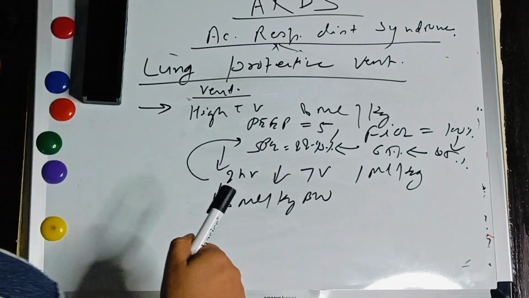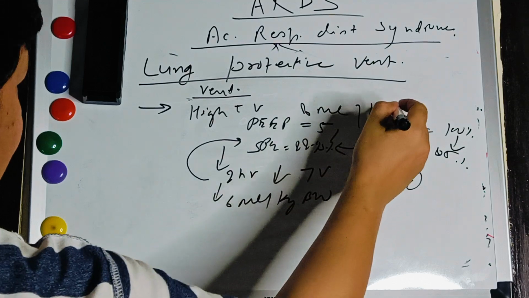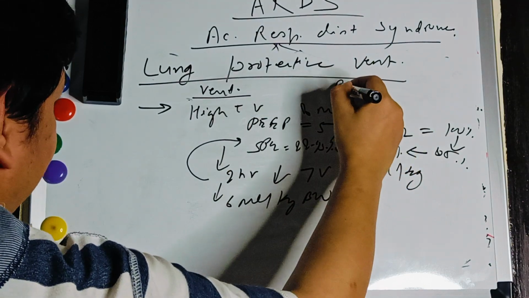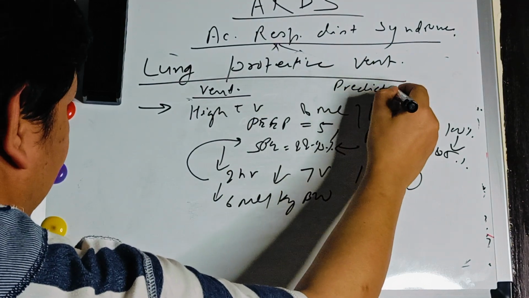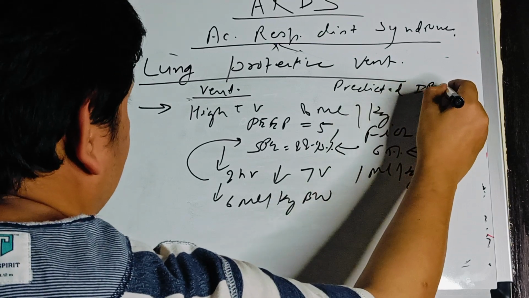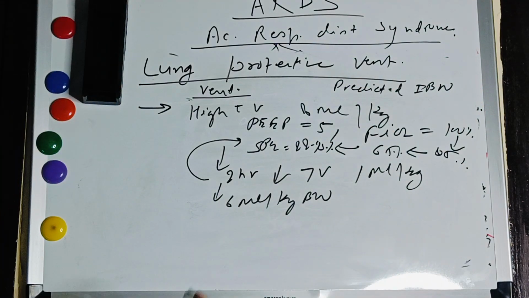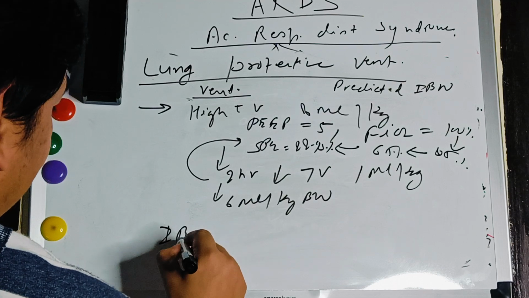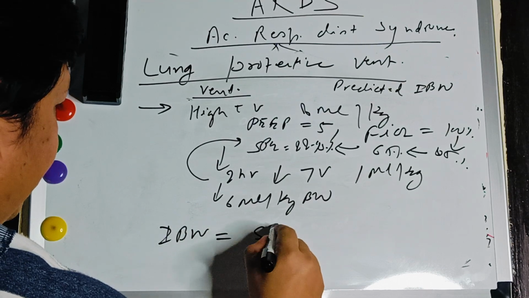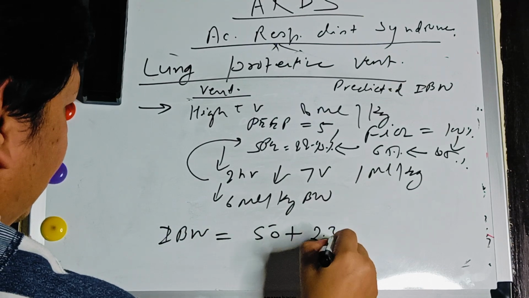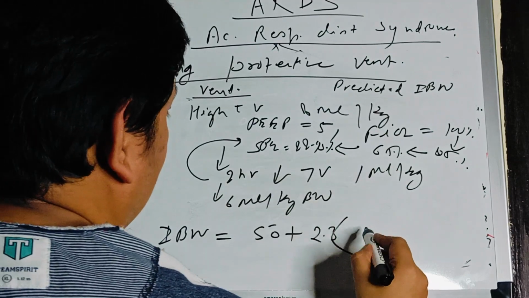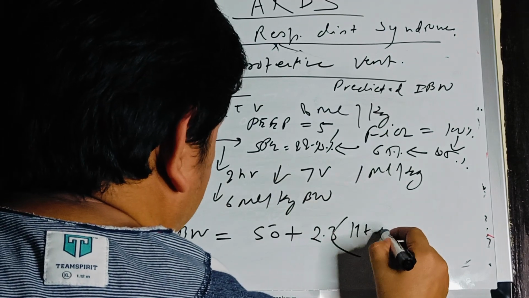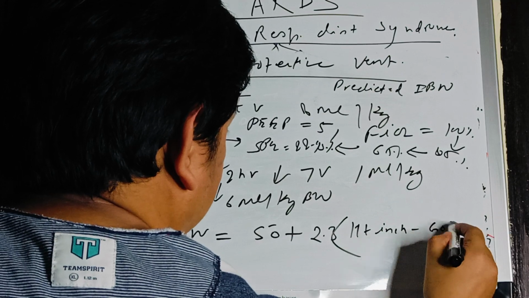For the calculation of tidal volume, the body weight has to be predicted or ideal body weight. So what is ideal body weight? In males, it is 50 plus 2.3 into height in inches minus 60.